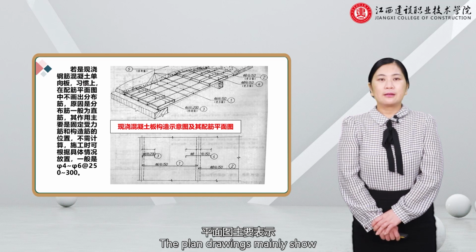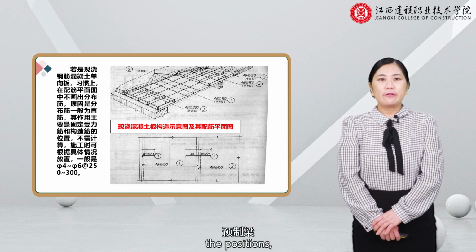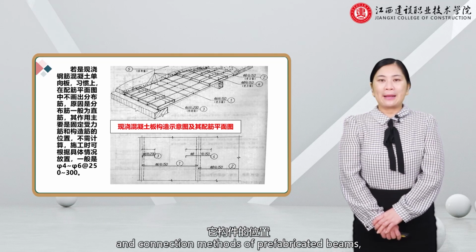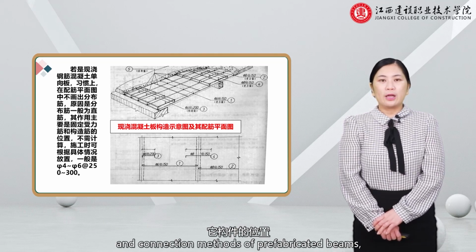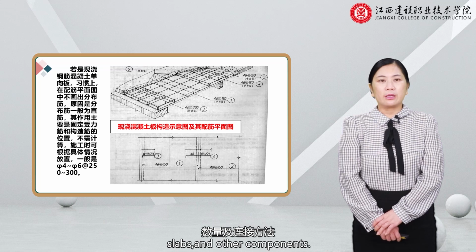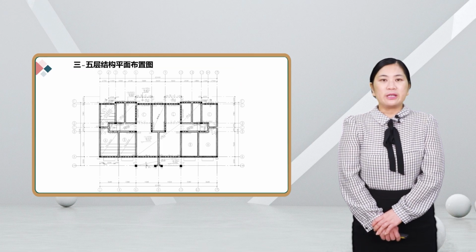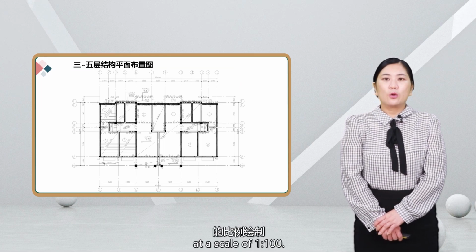The plan drawings mainly show the positions, quantities, and connection methods of prefabricated beams, slabs, and other components. The scale of the floor structural plan layout is usually the same as that of the architectural plan, generally drawn at a scale of 1 to 100.